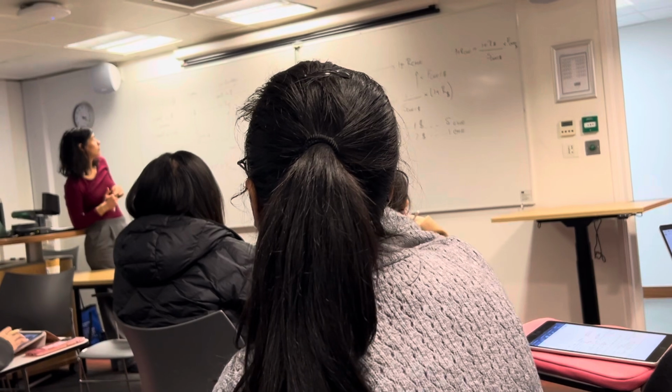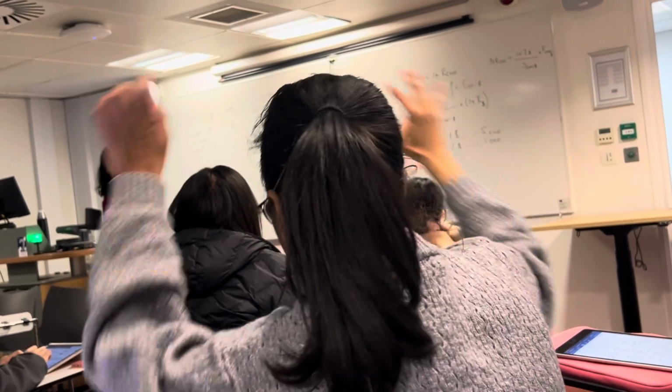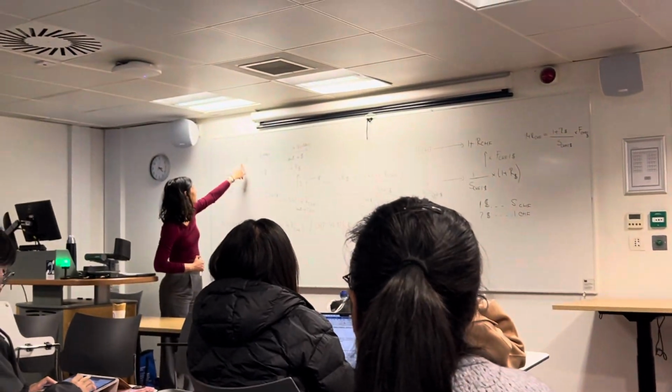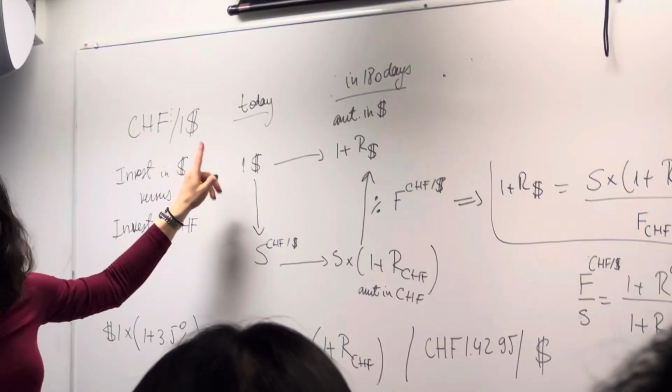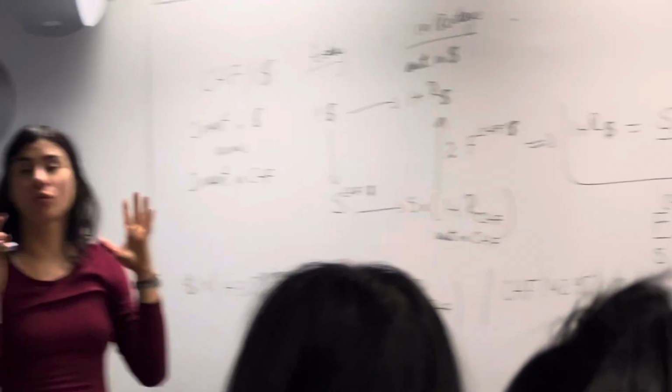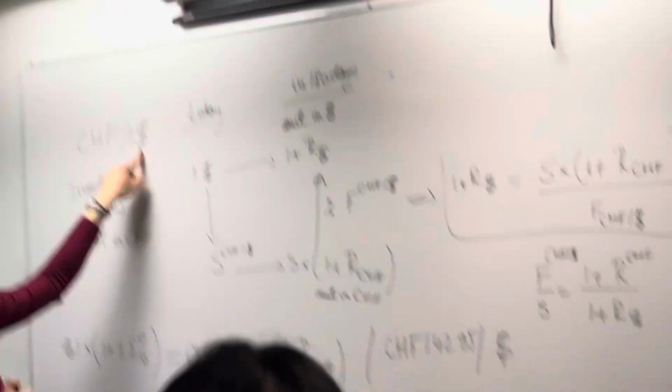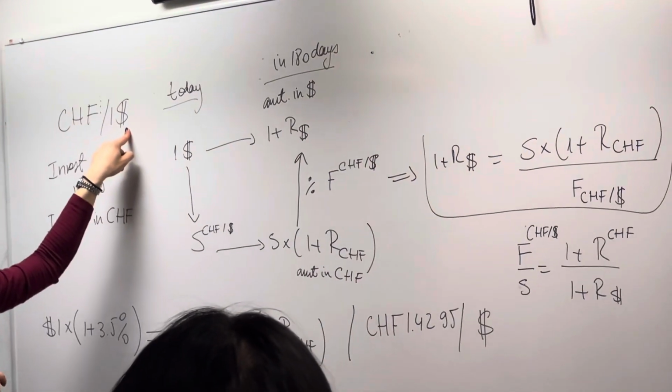Can you please sum it up, like the whole thing? Yeah. So I would start with $1 because of the way the exchange rate is quoted. Whenever you have a question, you look at how the exchange rate is quoted. That will tell you everything. It will set your thinking in terms of the dollar, because the dollar is the denominator.